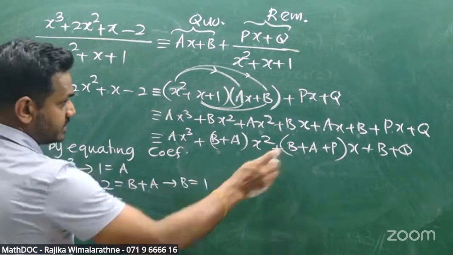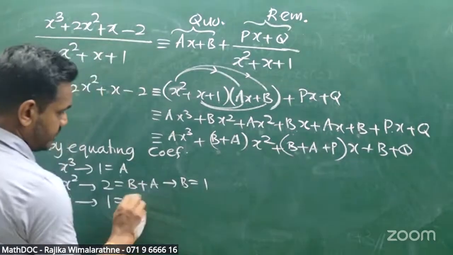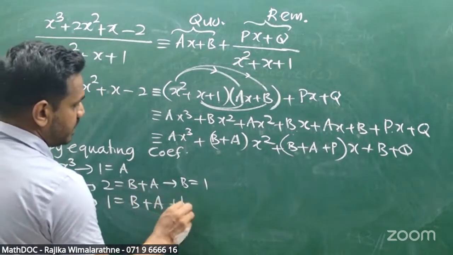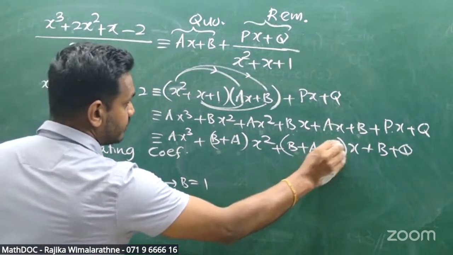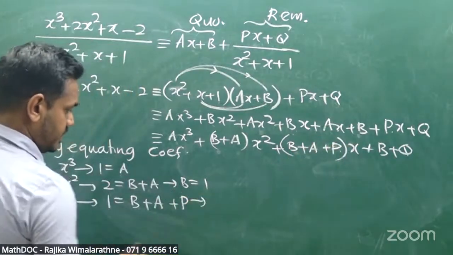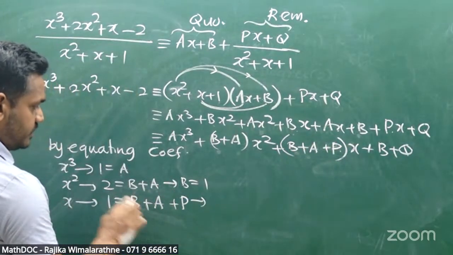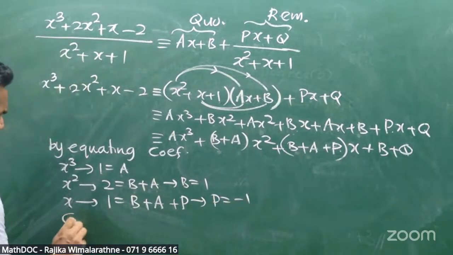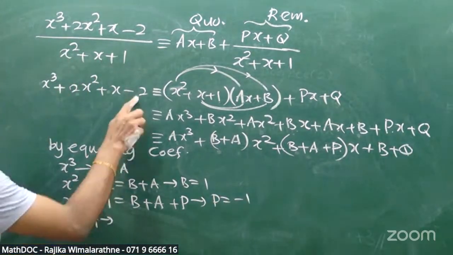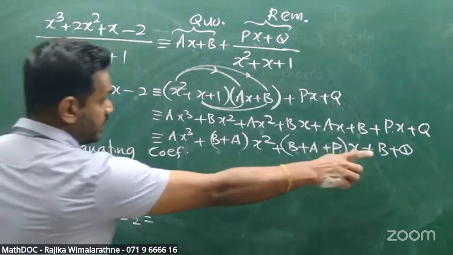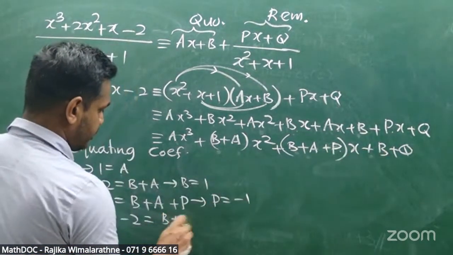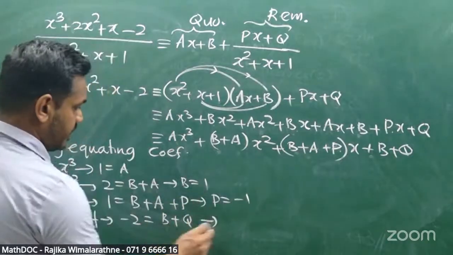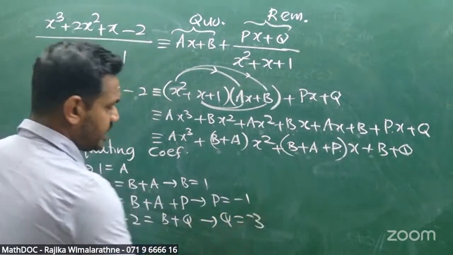So here a plus b plus p. Here this is p. Then a plus b equals 2, then p value is minus 1. Then the constant, here minus 2, here b plus q. Then b equals 1, q equals minus 3.